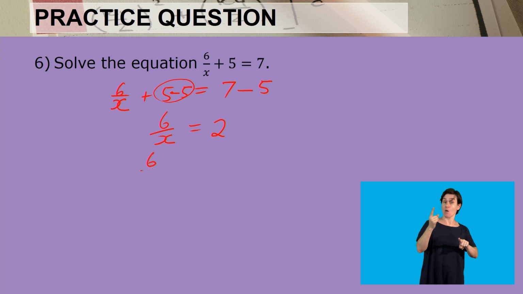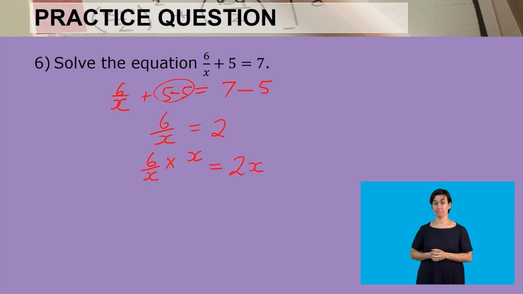So it would be 6 divided by x multiplied by x, and on the right we also do the same. We multiply by x, and then x divided by x would give us 1. 1 multiplied by 6 would be 6, and on the right 2 times x is 2x.